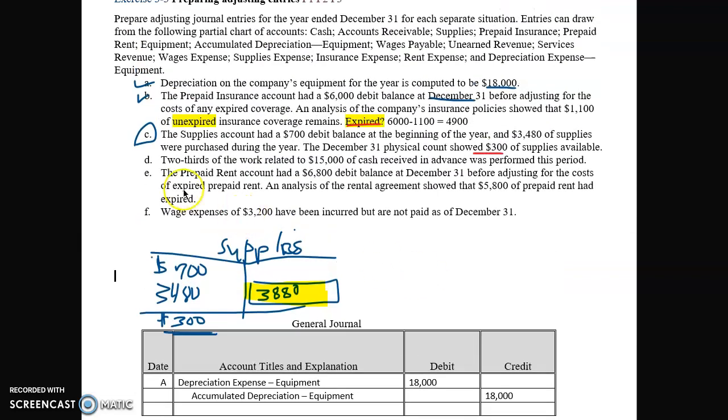All right. D, 2/3 of the work related to $15,000 cash has already been received in advance, was performed this period. So you can be paid by your customer up front, early, before you've earned the right to say, hey, I performed a service and I want to record that as revenue.